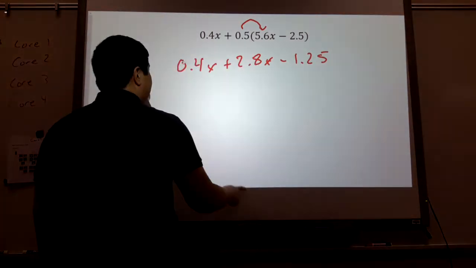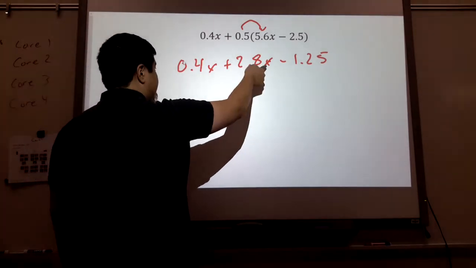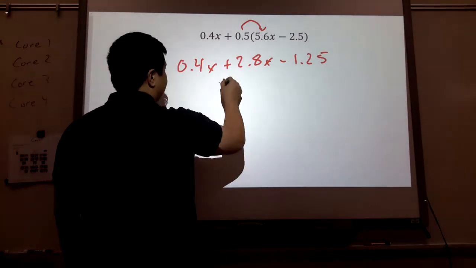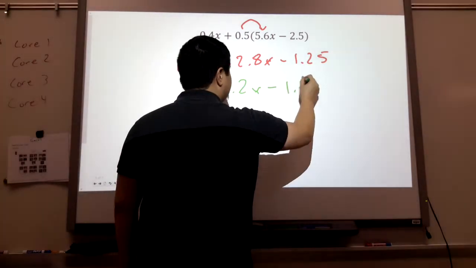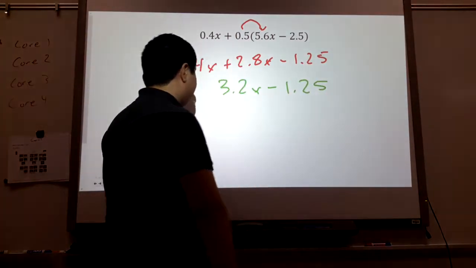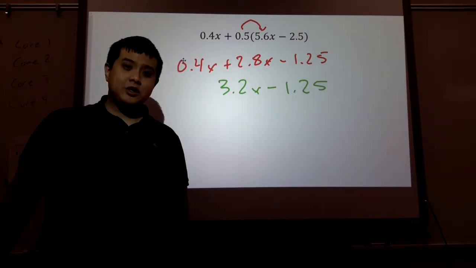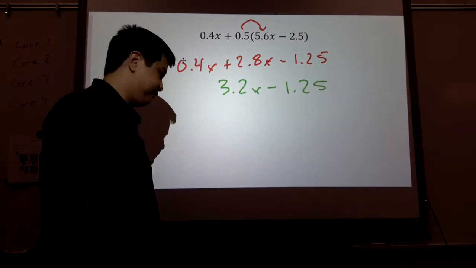Next we're going to combine our like terms because they're right here. This has an x, this has an x. So therefore we get 3.2x, 0.4 plus 2.8 minus 1.25. The exact same principles, just using decimals.